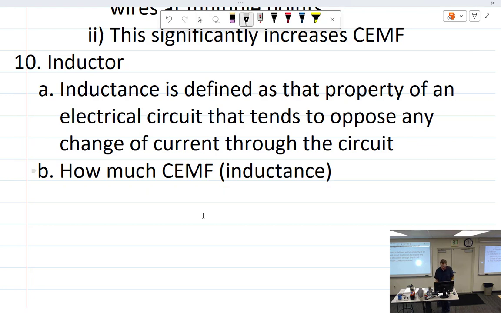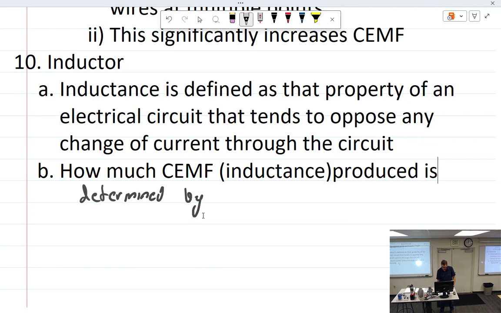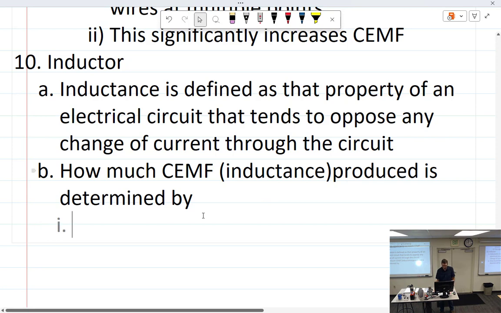Okay, so how much CEMF inductance is produced is determined by these things. One, core material.